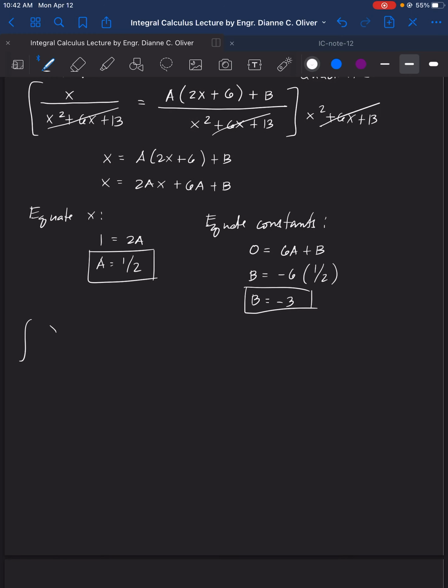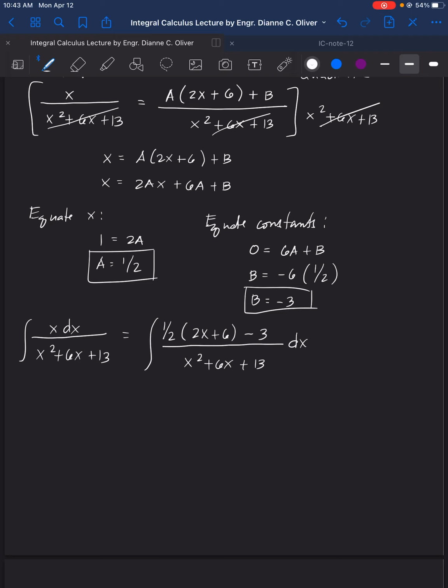So integral of x dx all over x squared plus 6x plus 13 is equal to integral of the value of A as 1/2 times 2x plus 6 plus, that's minus 3, all over x squared plus 6x plus 13, so this is dx.